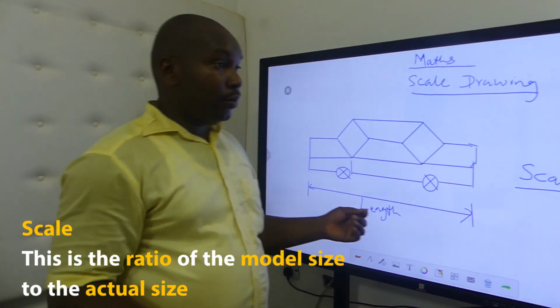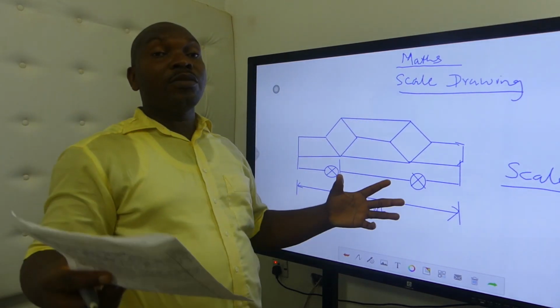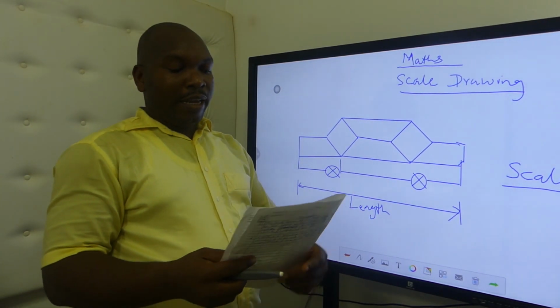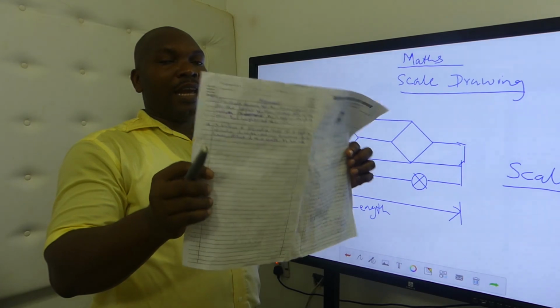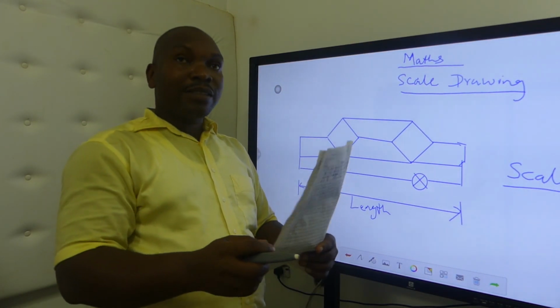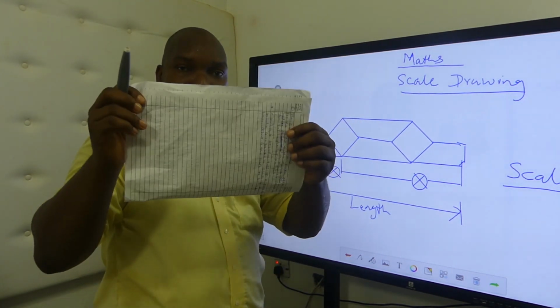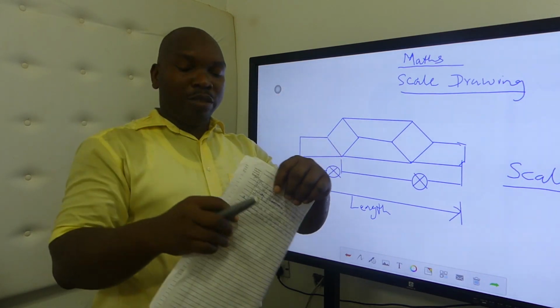For example now, if you're asked to draw a 3-story building in a foolscap sheet like this, the size of that 3-story building cannot enter in this sheet of foolscap I'm holding.